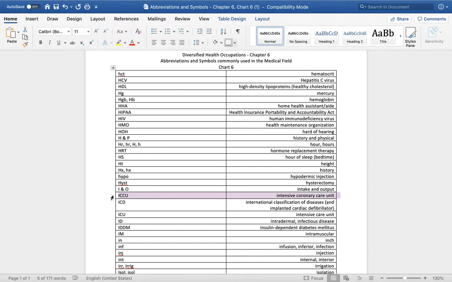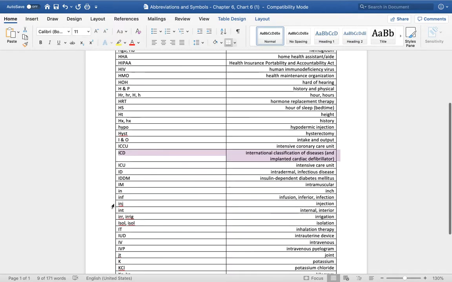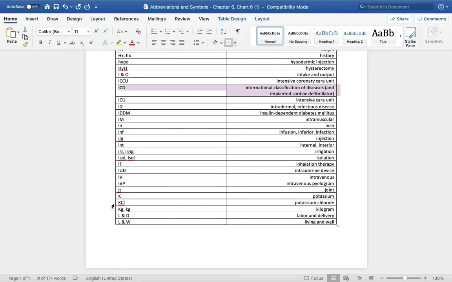ICCU, it's kind of like an ICU, an intensive care unit, but they specialize in cardiac care, so intensive coronary care unit. ICD, this is the International Classification of Diseases. So a long time ago, doctors got together and said, hey, diabetes can be diagnosed by this, this, this, and this.